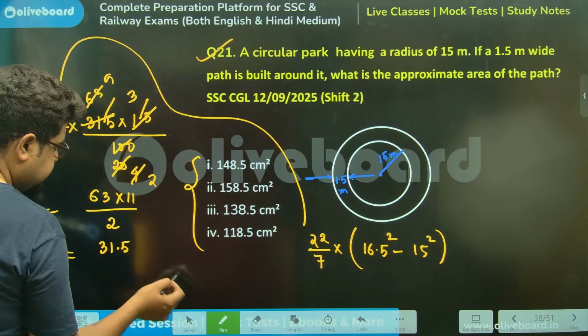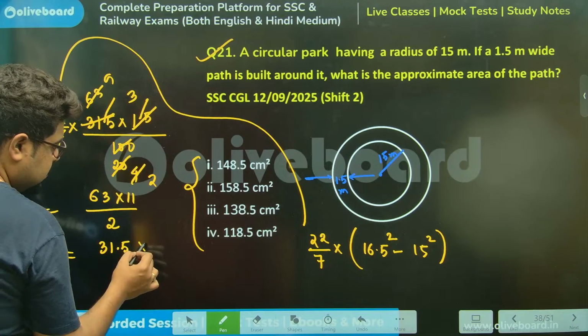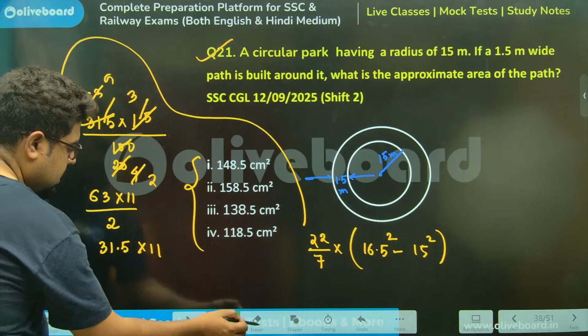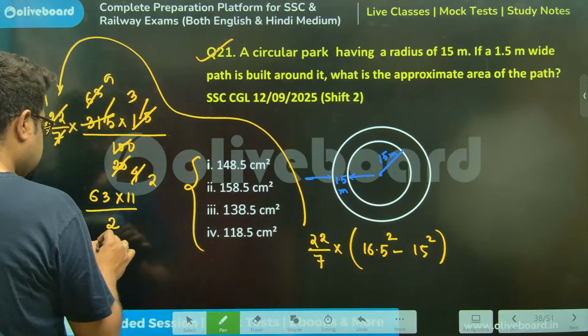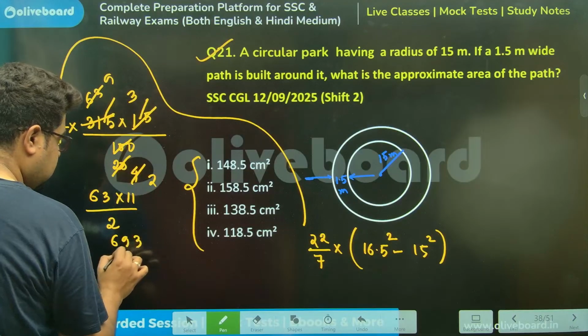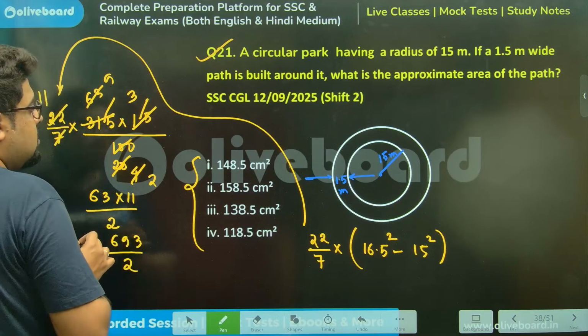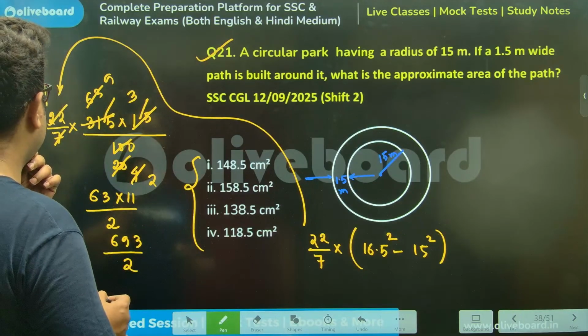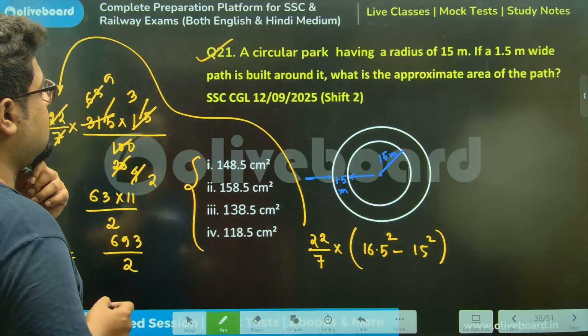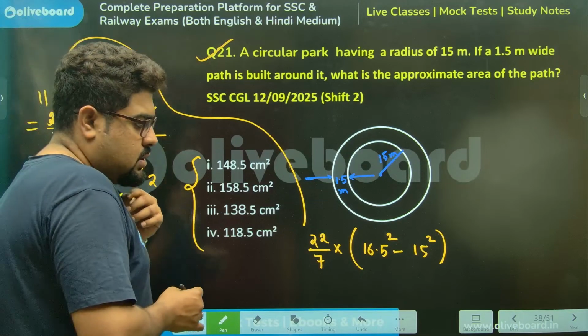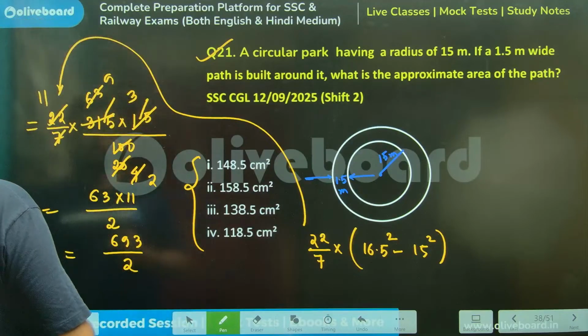Sorry. Into 11 let's do. Rather, one second. 693 by 2. It's not matching. Just a second. Have I made any calculation mistake?